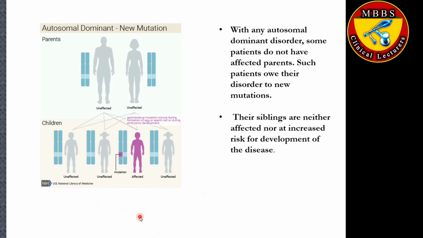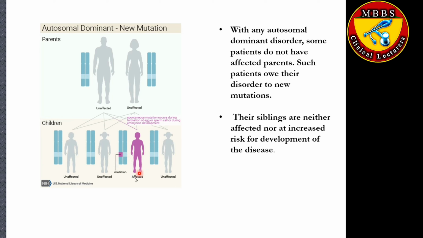Now the other characteristic you should know about is the autosomal dominant new mutation. It means that the parents are unaffected, the children are born, but a new mutation has occurred in one of the children, and this mutation occurs during embryonic development. So this is autosomal dominant, meaning it is in a heterozygous state. One allele is mutated and the other one is not mutated.